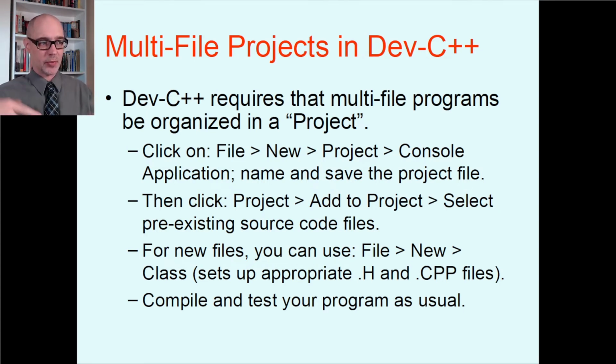And then you just have to fill in all the details of what's my member data, what are my functions, what's the code. So that's kind of nice. That one click actually makes two files for you set up properly, and then you start adding the details. So that's pretty neat. Anyway, once you have that stuff all together, then you hit the compile button like normal. It's going to compile all those files. It's going to link them all together into one executable. And of course, you have to test your program as usual.